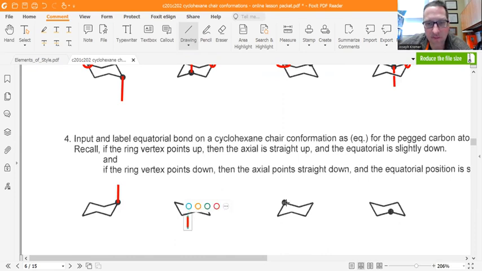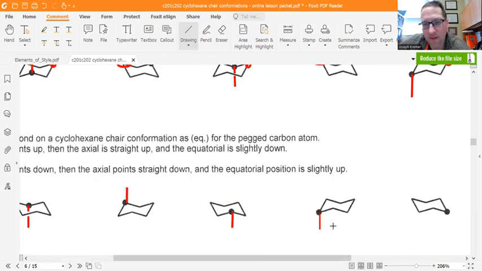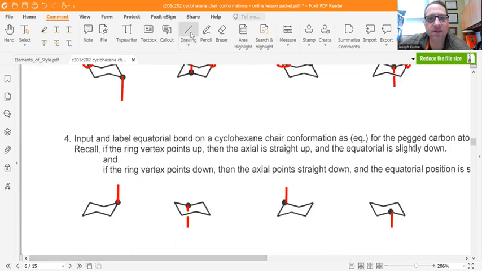This is in the front, more toward you, down. And it just stands to reason that if axial is down, equatorial is partly up, and if axial is up, equatorial is partly down. So the green arrows represent equatorials. In this case, it doesn't matter if you shift this to the left or right. I'm going to put it partly up.